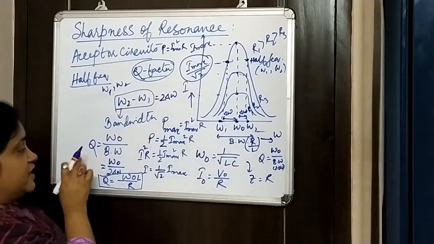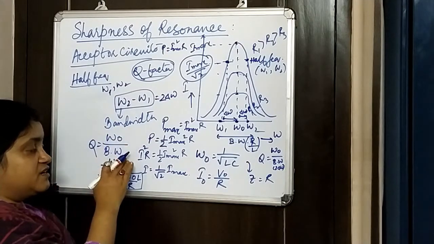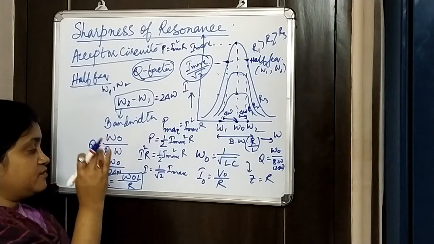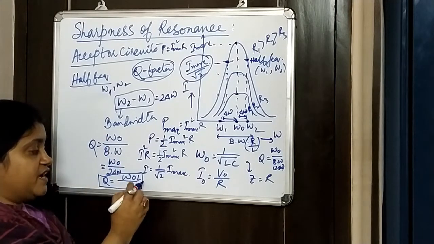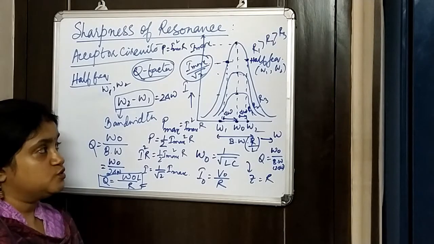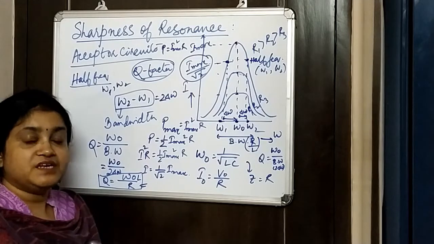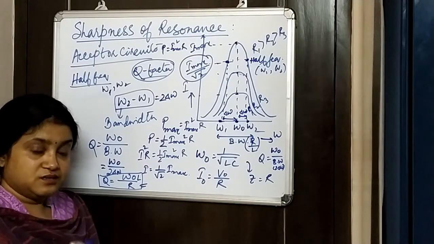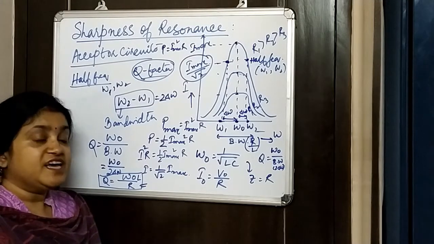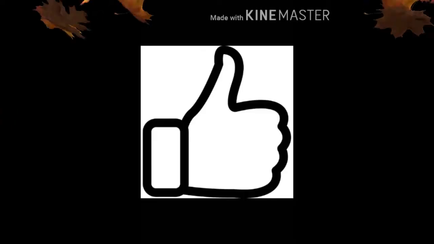And then we have defined the quality factor, which is the resonance frequency divided by the bandwidth. And then we have finally told you the formula for Q factor. So for different circuits, Q factor becomes a very important factor to know for the analysis of different circuits.